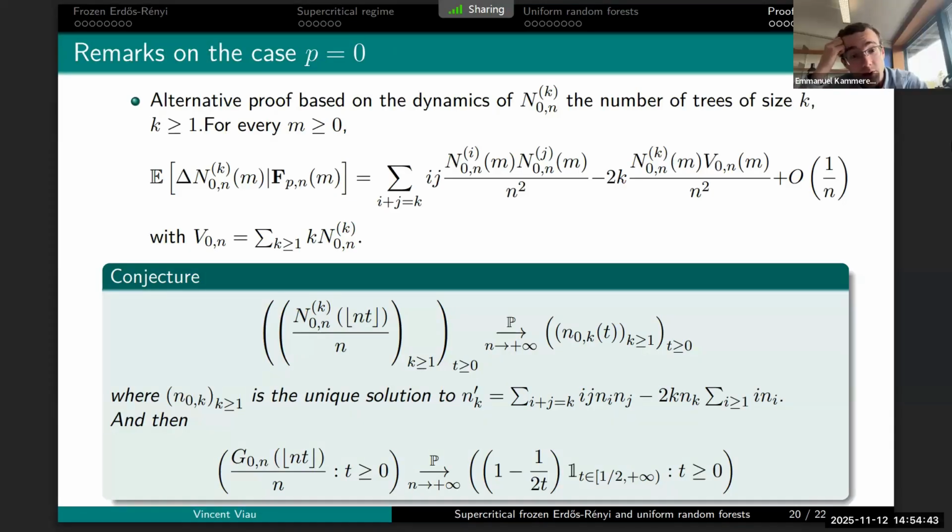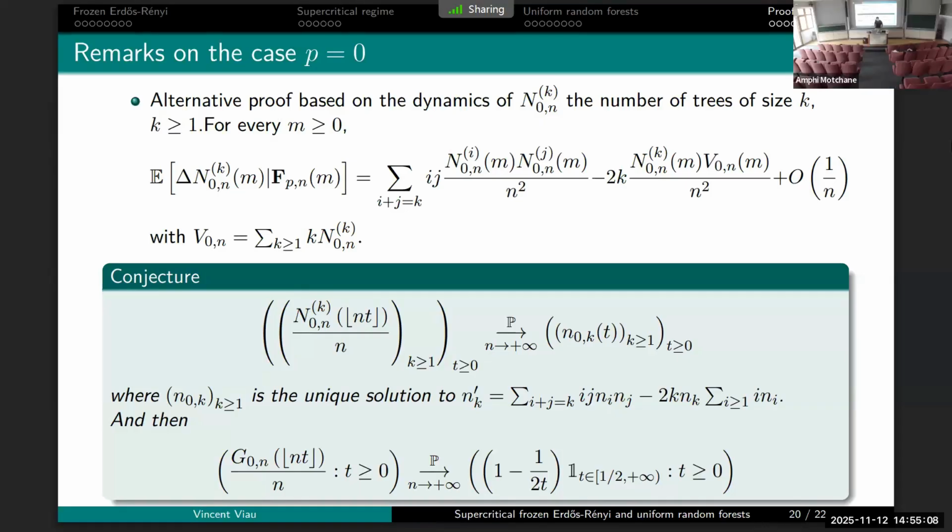Okay. And so if the forest is uniform, you obtain a relation between these n_k, right? Yeah, but actually for computing these conditional expectations, we just use the frozen dynamics, the frozen mechanism.